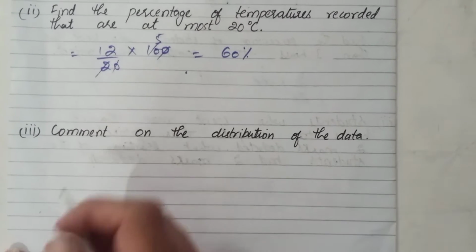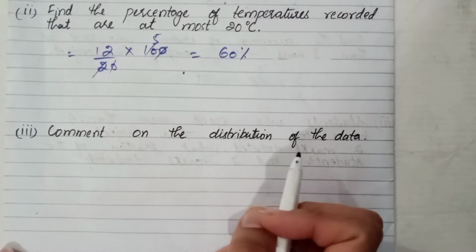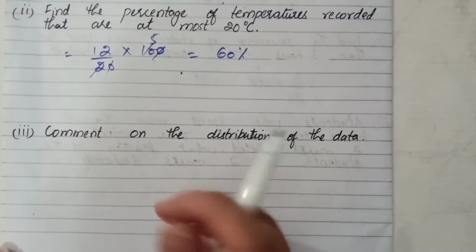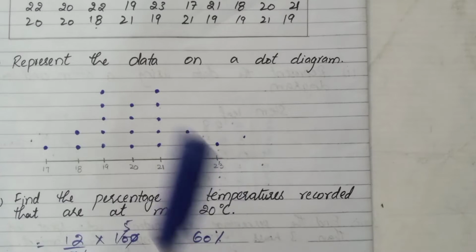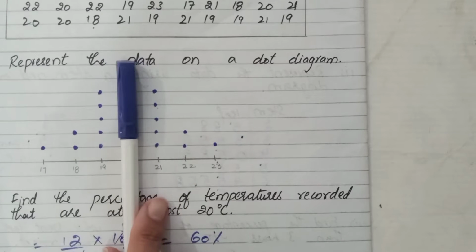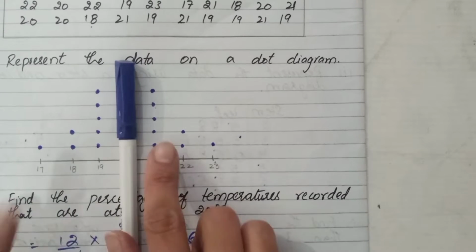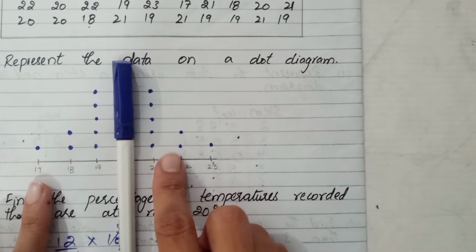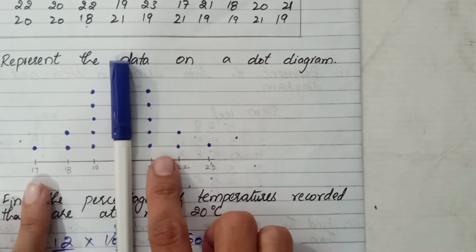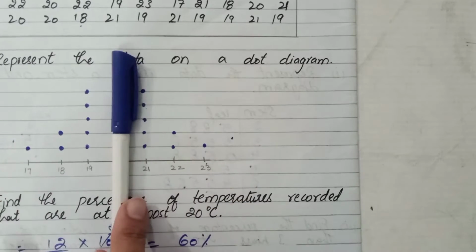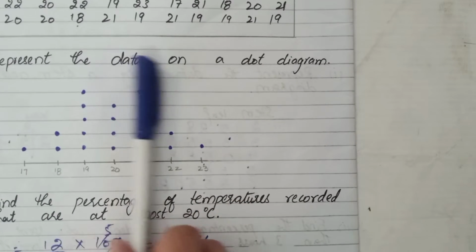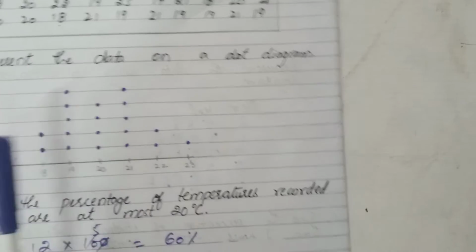Now students, part number 3, comment on the distribution of data. We observe from this data that 20 is a midpoint, and that it is symmetrical. We can see that 19 is 5, 21 is 5, 22 is 2 and 18 is 2, so at 20 it is symmetrical.